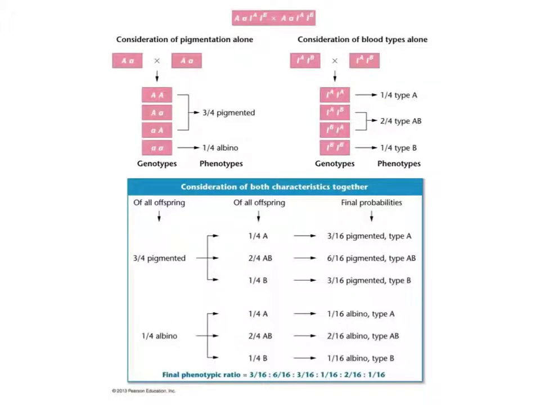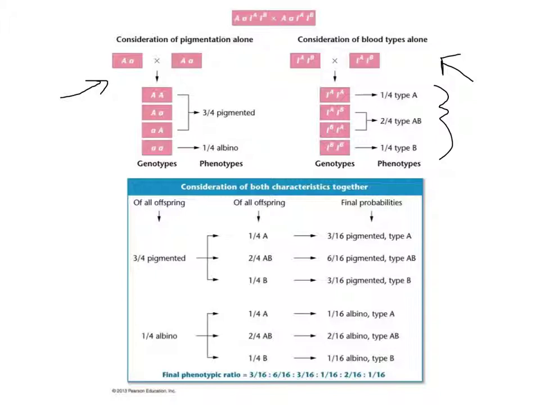Let's use the example from your text of predicting what the possible offspring might be when an individual is heterozygous for both the gene controlling albinism, shown over here, with the symbolism big A, little a, and the gene that controls the I locus, that glycosyltransferase I mentioned earlier, where we have a heterozygote IA, IB, shown over here. So this portion of the figure shows what to expect if you're just tracking inheritance of either the gene controlling albinism or the gene controlling ABO blood typing alone.